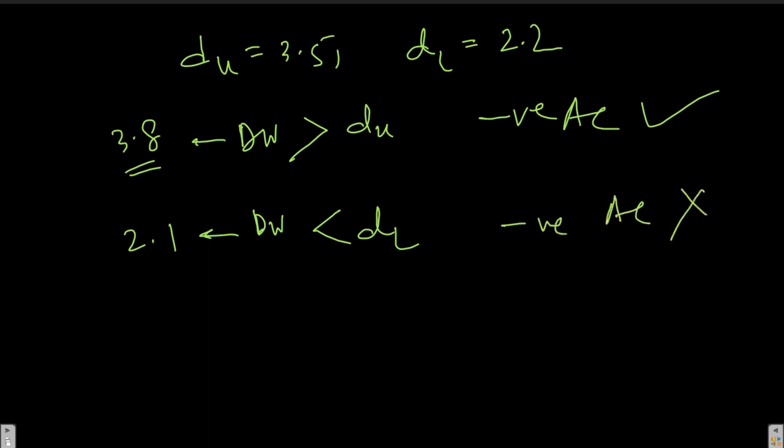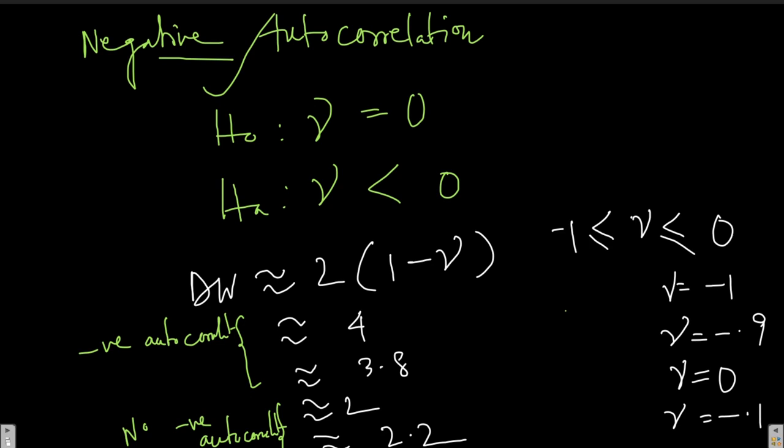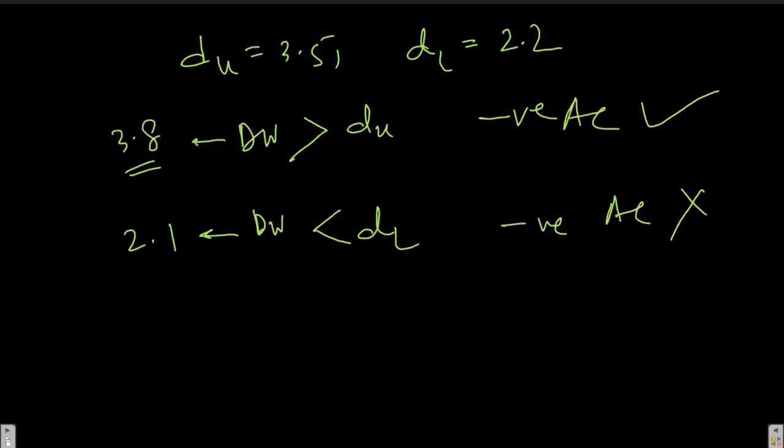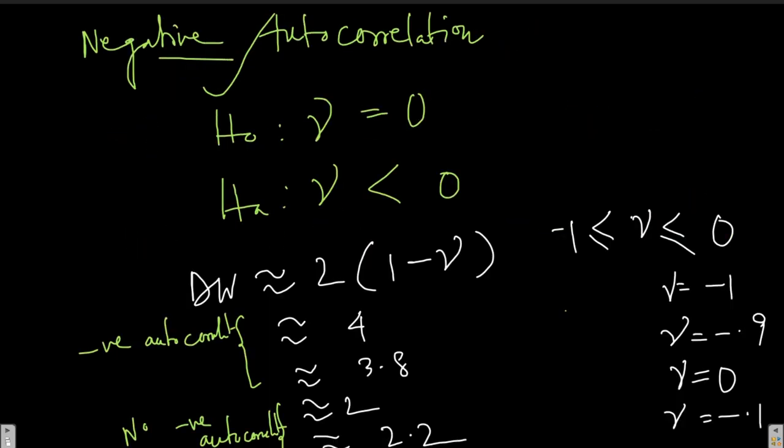Okay, so we can just match what we are saying here. If it is lower than the D lower, we can say that this value is pretty close to this.